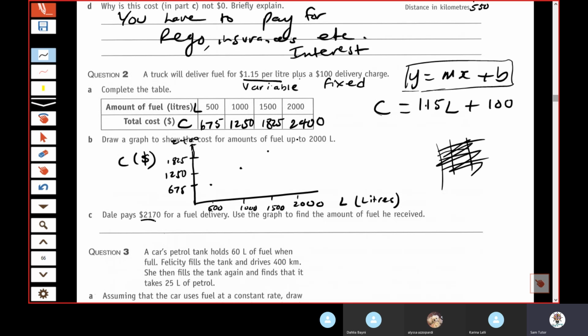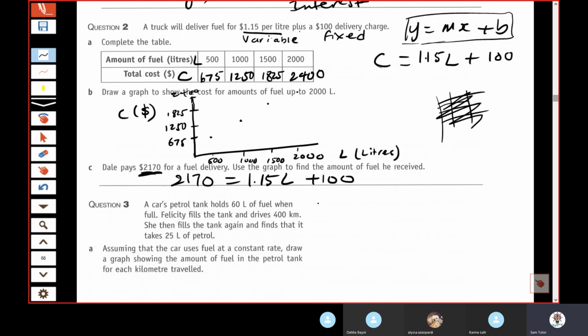All right, where does 2170 go? I've got to find L. So where would 2170 go in my little equation here? Well, pays, that's C, isn't it? So 2170 equals 1.15 L plus 100, and then we just solve for L. Your first step is you subtract 100, so minus 100 and minus 100.